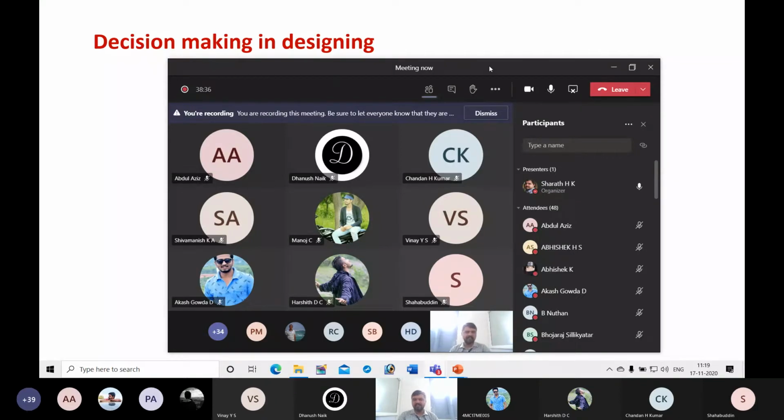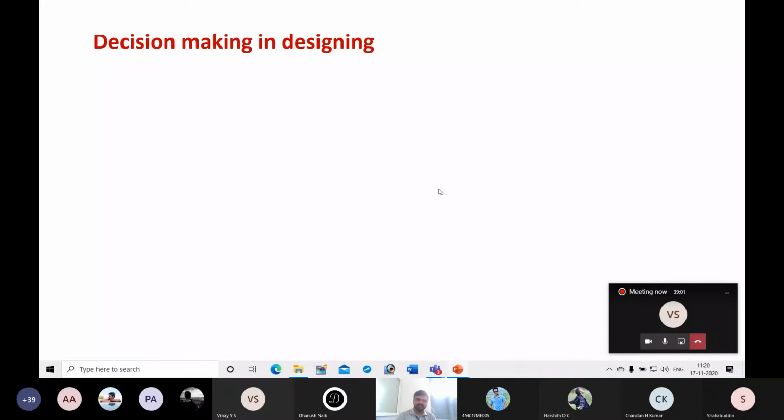Next, you have to choose which is the best idea, or which is the best design, or which is the best possible solution. You have to make a decision as a designer. You have to choose which is the good design, or which has better quality. That decision you have to make.